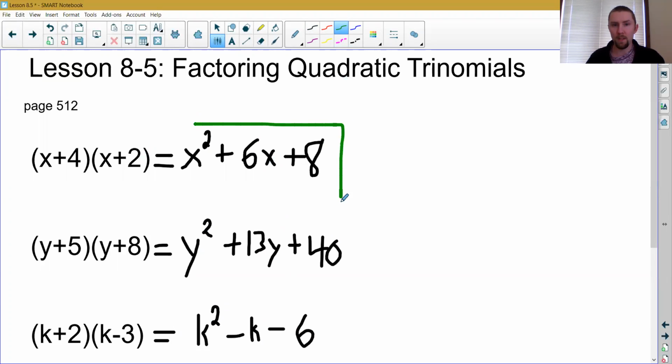Like I said, what we're going to do today is take these things and turn them back into those things. And here's what I need you to notice.